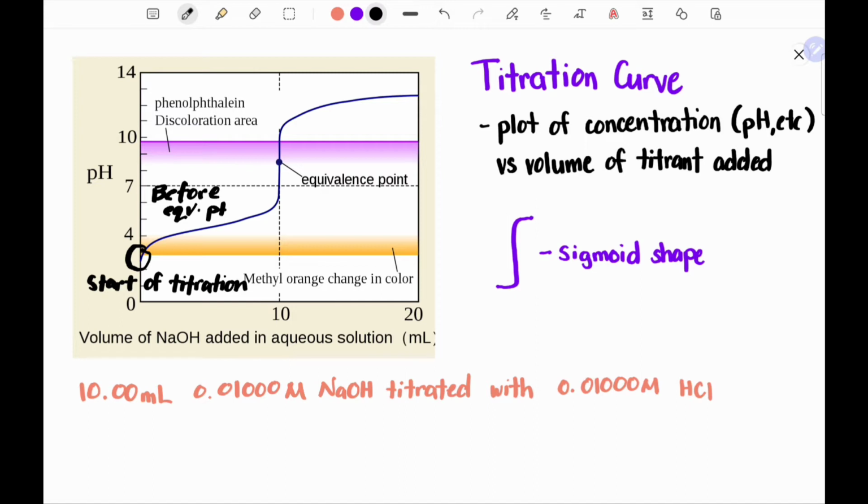Of course, the equivalence point, again, the point where there are equivalent amounts of moles of acid and base, is this steep region. Because there is an abrupt shift in the presence of acid or base, there is a very steep change in the shape of the curve. This steep region is the equivalence point.